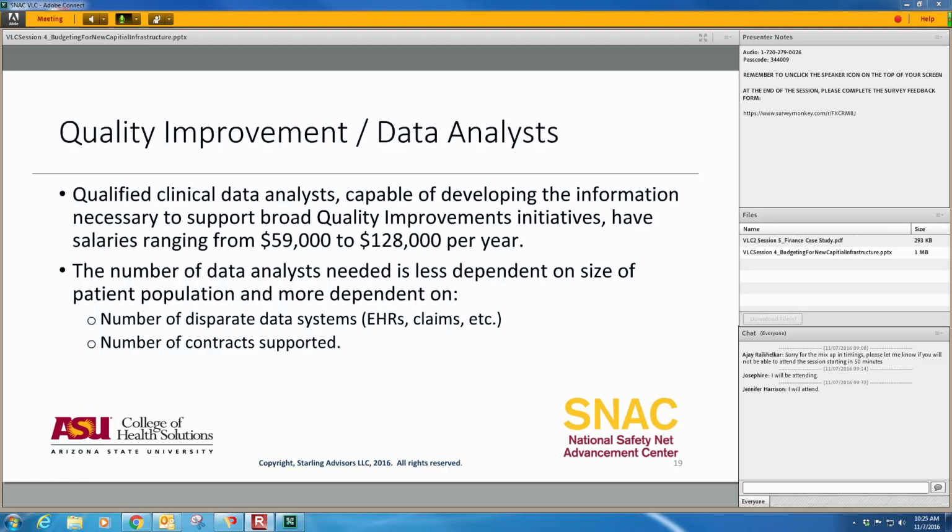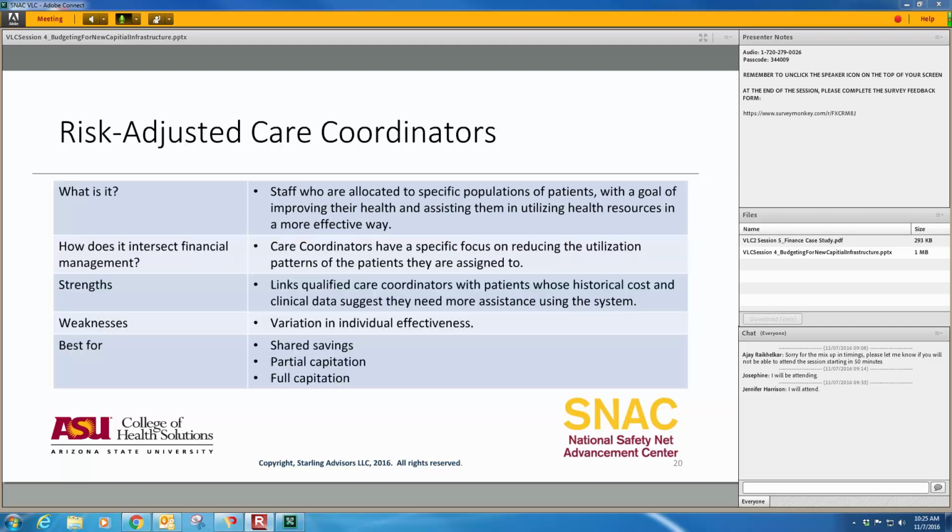One thing we will note is that in these models, there's always a need to look at relative staffing levels based on size of population, but it's actually driven more by the number of different systems you're integrating data from, as well as the number of different contracts you're supporting. If your data sources are good, clean and relatively stable, it really doesn't matter if there are 1,000 patients or 100,000 patients in them in terms of how these models scale. But in some of the more sophisticated models, that's very different.